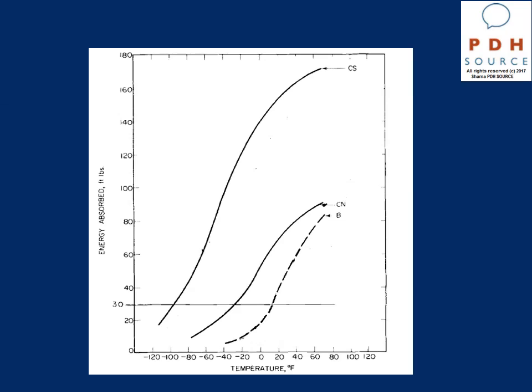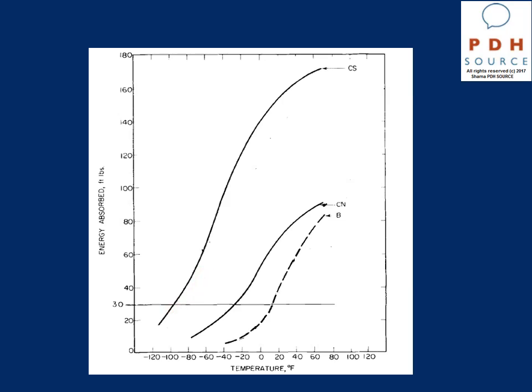Another example, basically, let's say we selected our V-notch criterion to be 30 foot-pound. So we have here three types of steel: CS, CN, and B. We can draw a horizontal line at this value of 30 foot-pound CVN. It will intersect with the curve of each steel.